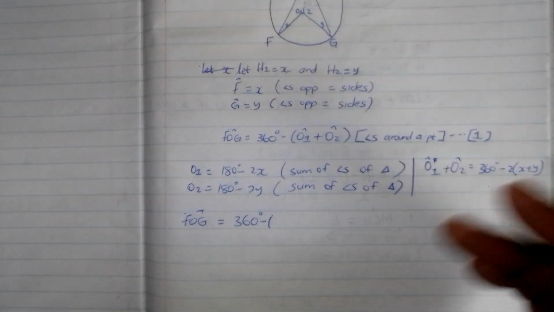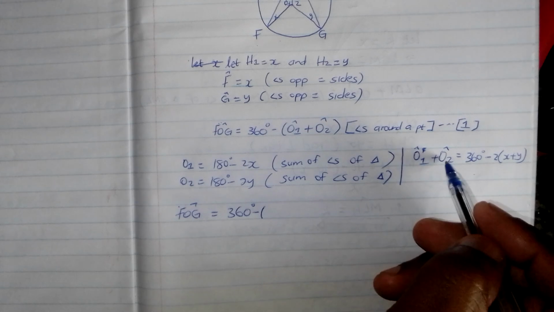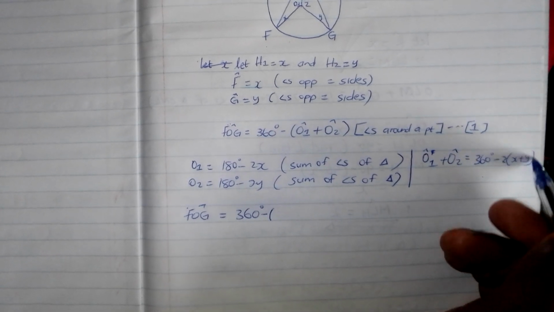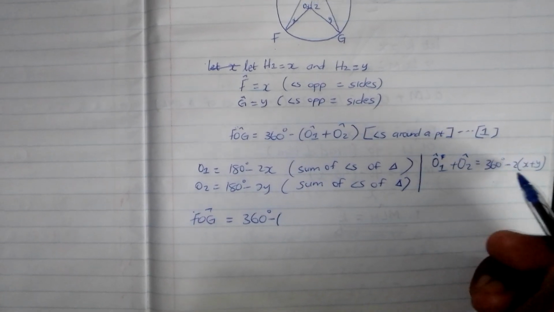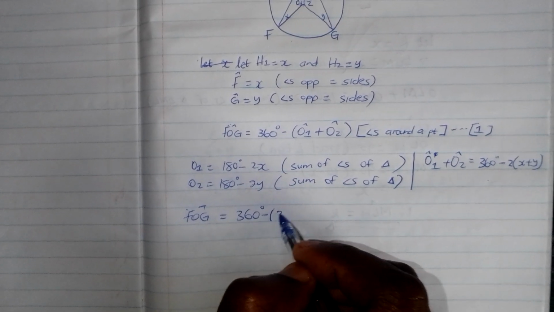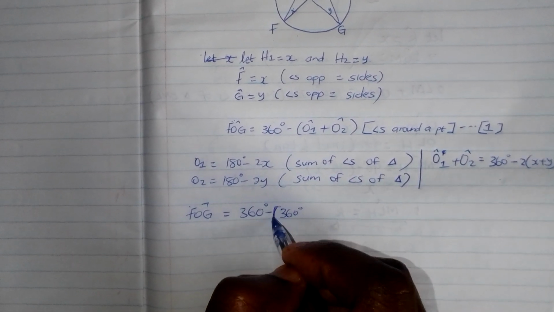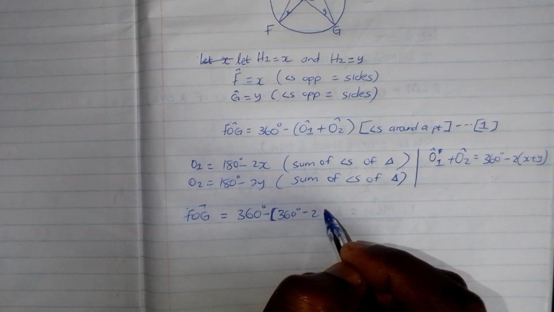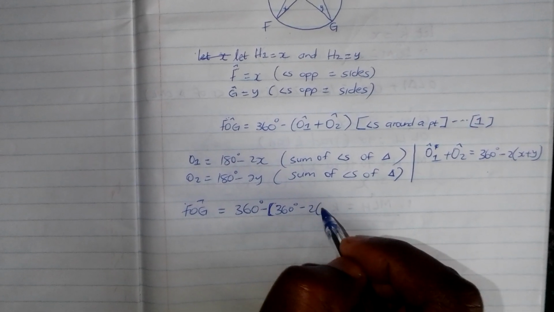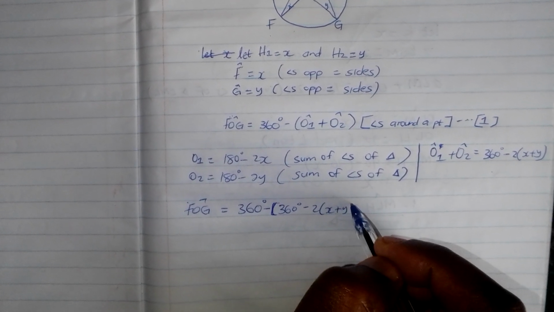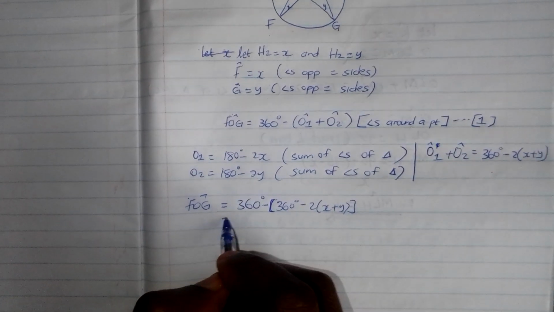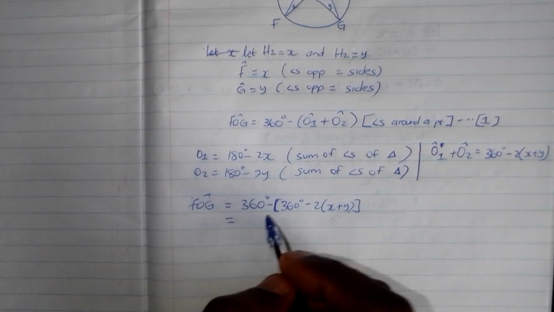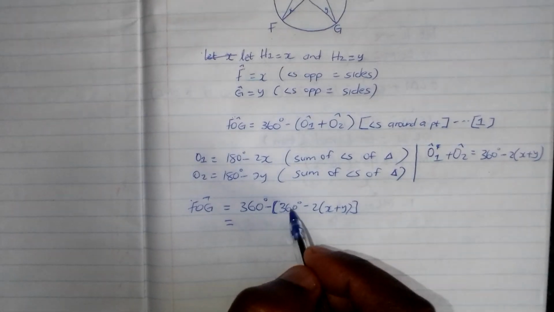Sorry, that's my alarm. Why don't we substitute that? We can actually substitute that in there: 360 degrees minus 2(x plus y). And what does that give us? Simplify that for me. 360 minus 360, that's a 0.